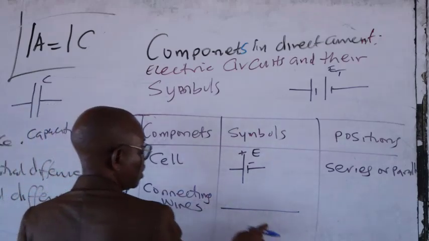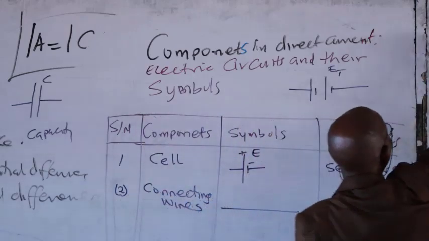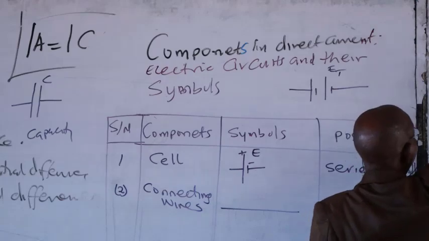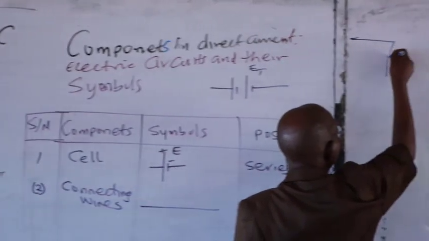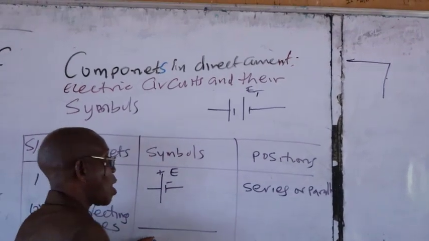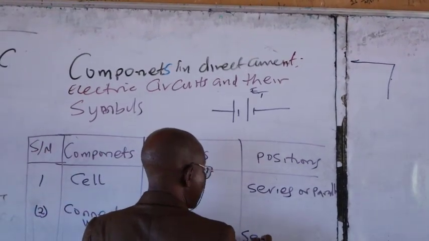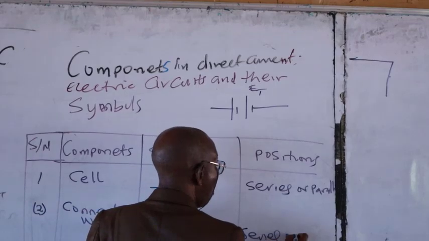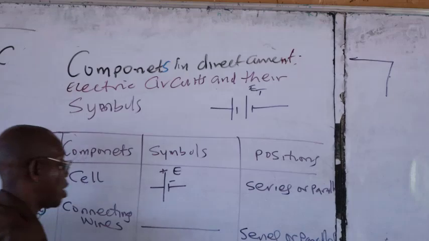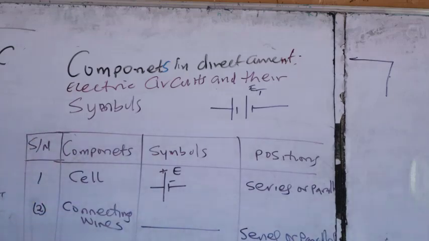When I draw a straight line, it does not mean that a connecting wire cannot be bent like this. This is still a wire that is curved. This is still a connecting wire. So when you see this, it's a connecting wire which may be either in series or in parallel position with other components. It can be in series with other components. It can be in parallel.